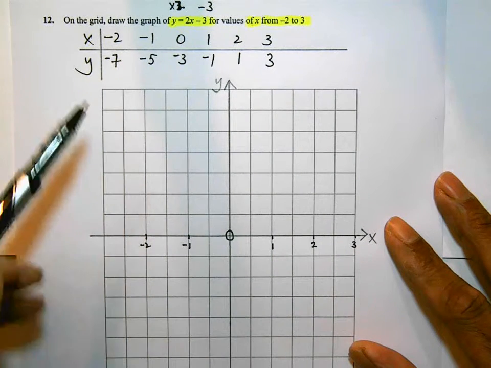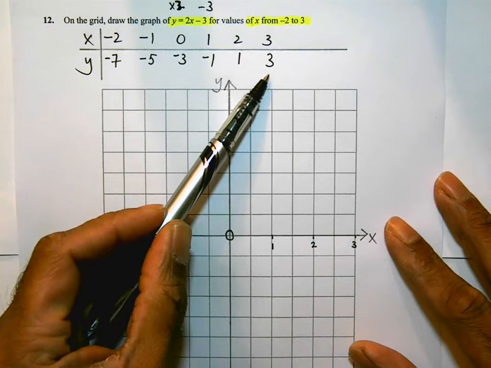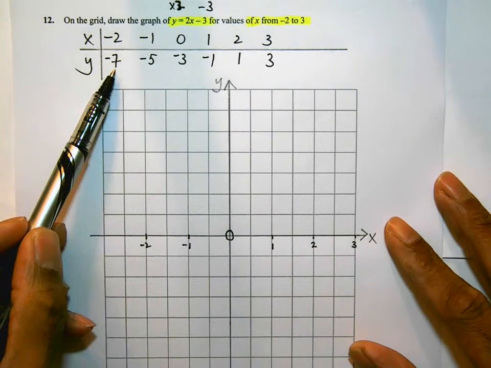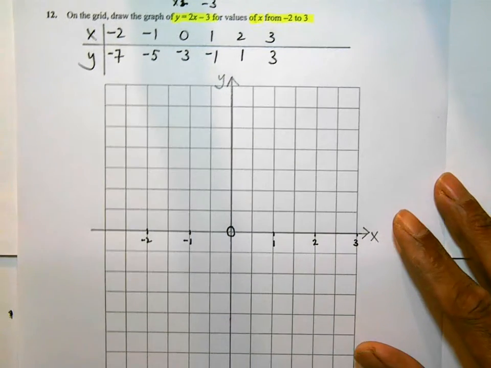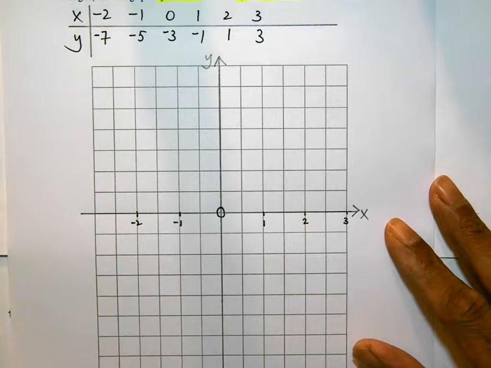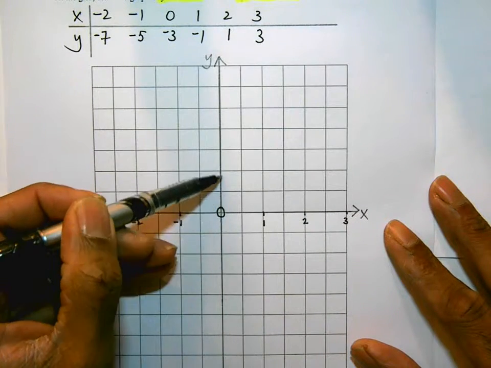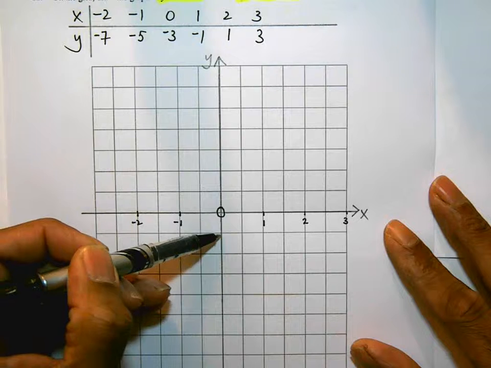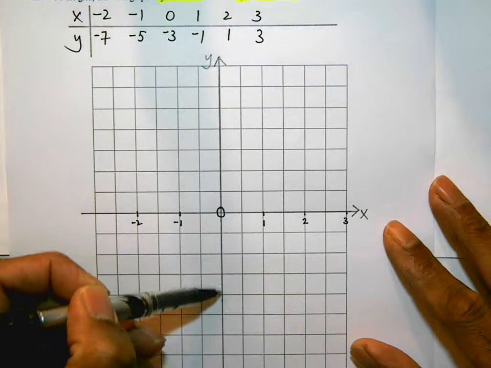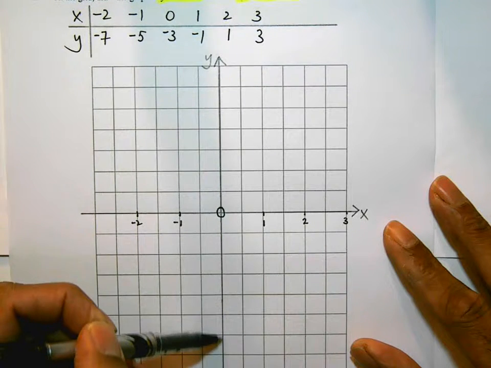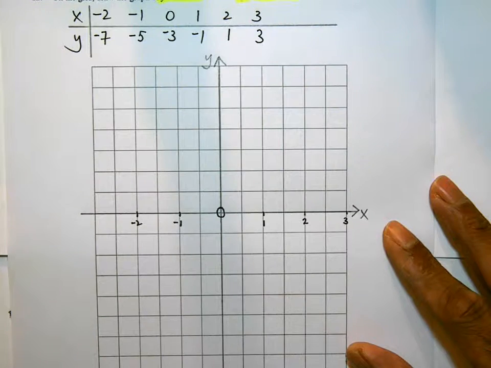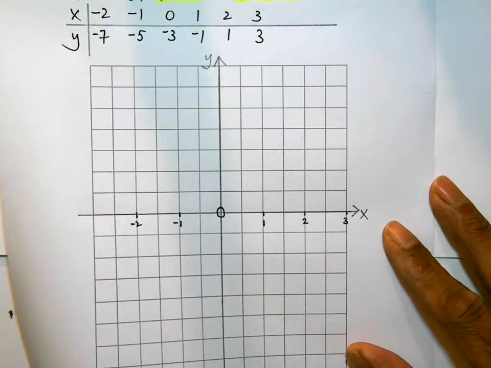On the y-axis, I need to go up to 3 and down to minus 7. So let's just check that I have enough space for that. So I could go 1, 2, 3, and down to minus 7, minus 1, minus 2, minus 3, minus 4, minus 5, minus 6, minus 7. Okay, you can see that I do have space underneath.